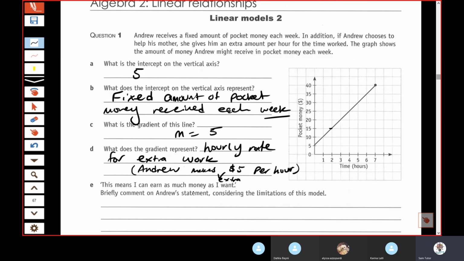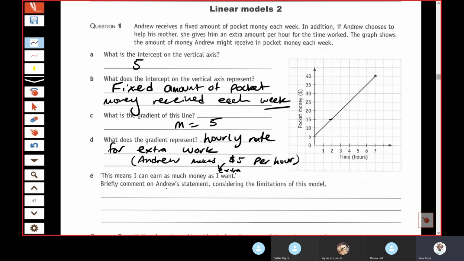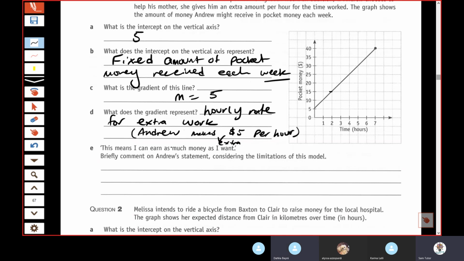This means I can earn as much money as I want. Briefly comment on Andrew's statement, considering the limitations of this model. What's the problem with that statement?